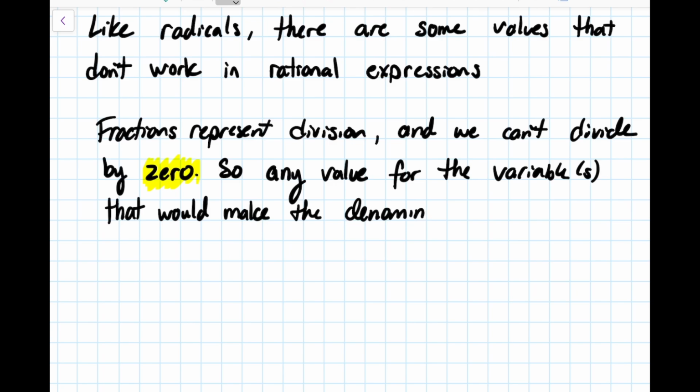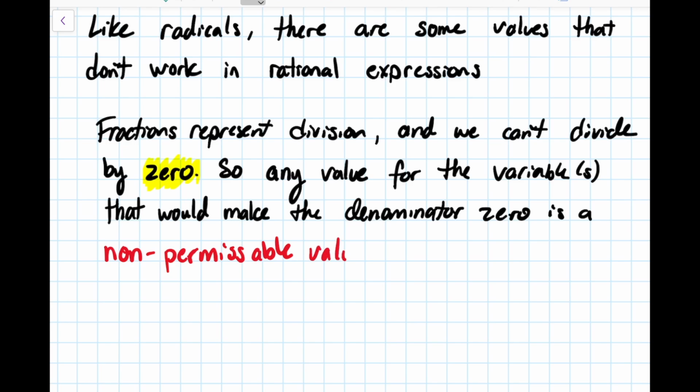We have a specific name for those values. We call them non-permissible values. They're not permitted, they're not allowed. That's a mouthful. I'm not going to write or say non-permissible values very often.